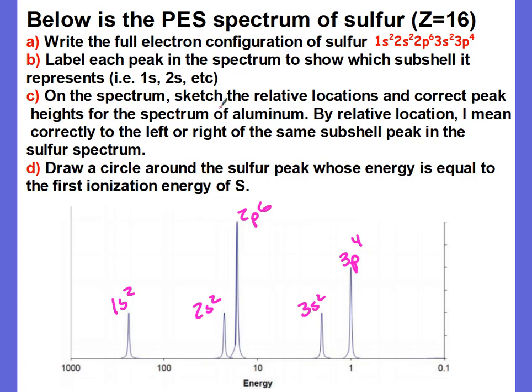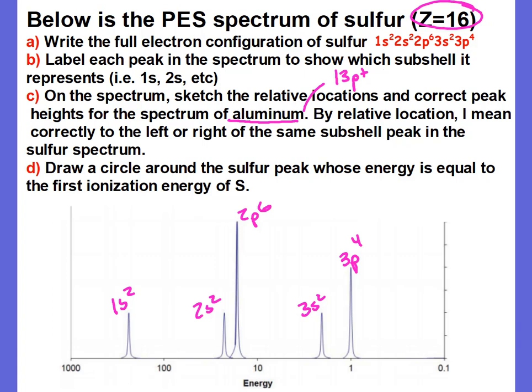Next, on the spectrum, sketch the relative locations and correct peak heights for aluminum. Well, aluminum has fewer protons, so sulfur has 16 protons. So anytime it says Z equals, that's your protons. So sulfur has 16 protons, while aluminum only has 13 protons.